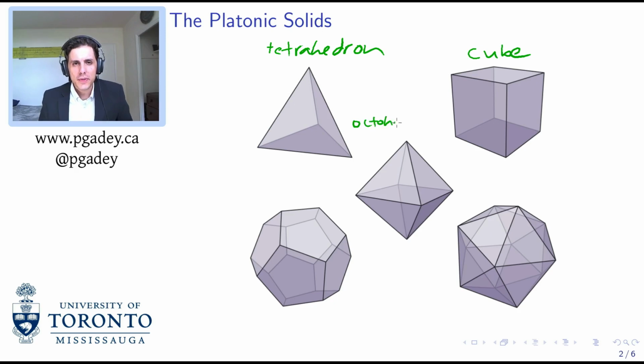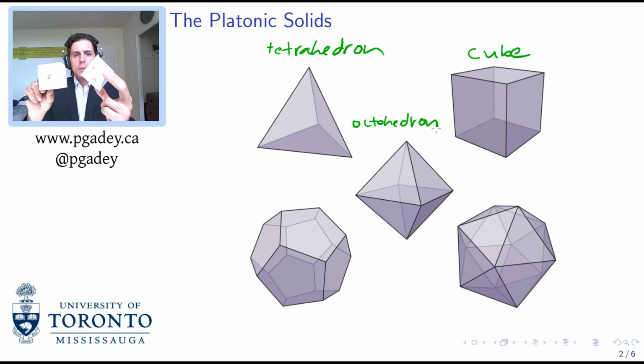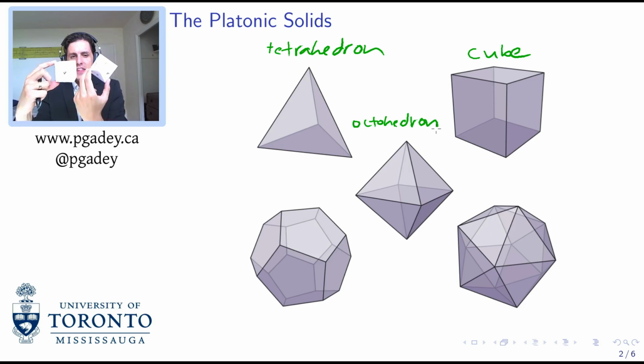So in one of your model building exercises, you're going to build physical models of these three Platonic solids, and I want you to pay special attention to the cube and octahedron because they are in some sense dual to each other. If we look at the vertices of the octahedron, we can see the faces of the cube. So they've got a very strong relationship to each other.